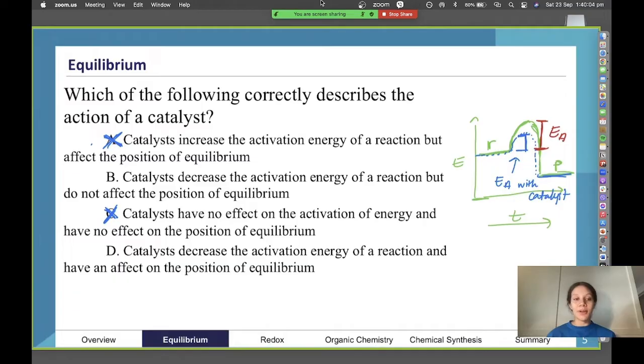So they don't change the amount of reactants or products at equilibrium. That means we're going to have no effect on the position of equilibrium, so we can rule out D because it says it does have an effect. Therefore, the correct answer is going to be B.